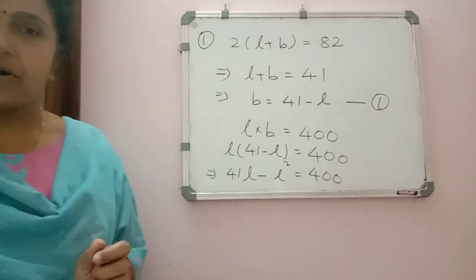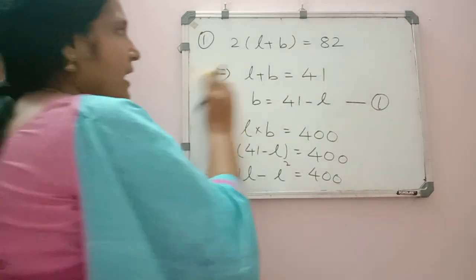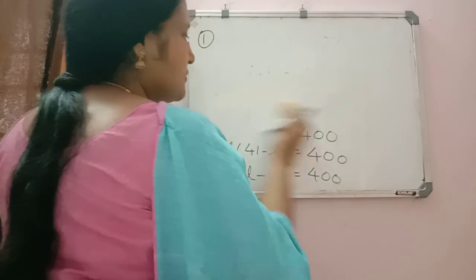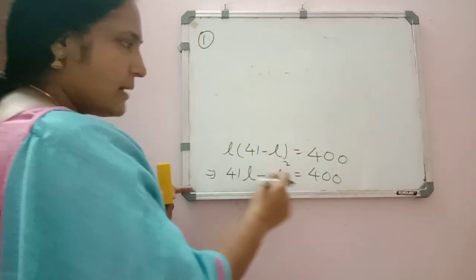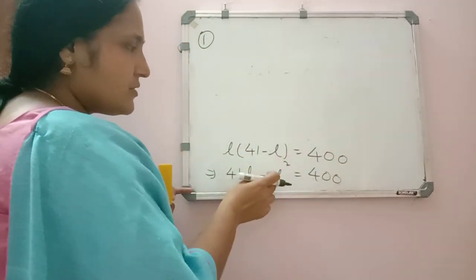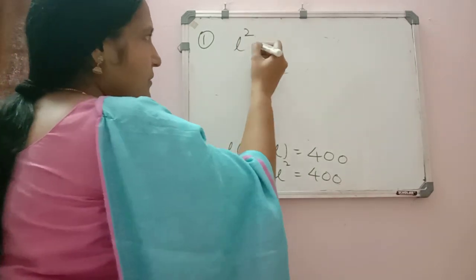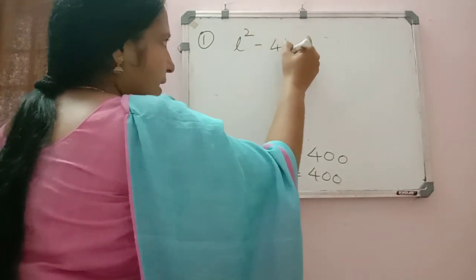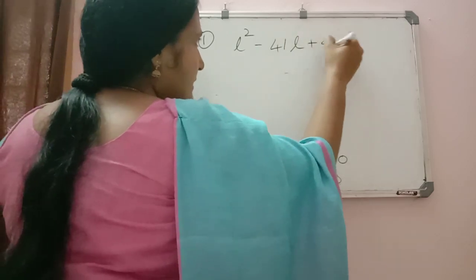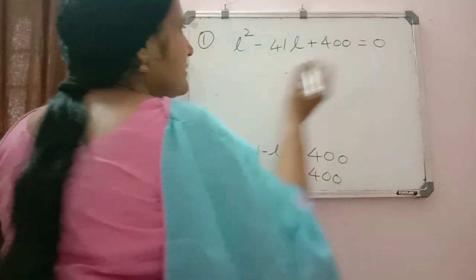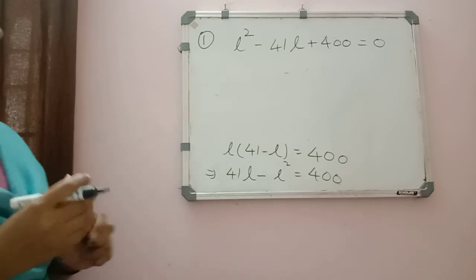Now we are getting a quadratic equation in terms of L. So we'll shift all the expressions to one side. I am shifting to the right hand side so that minus L square will become positive L square. So it will be L square minus 41L plus 400 is equal to 0. Now we got the quadratic equation.